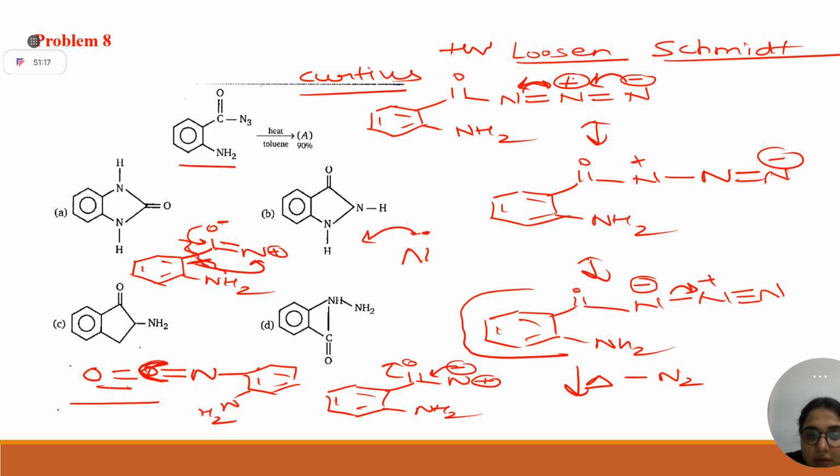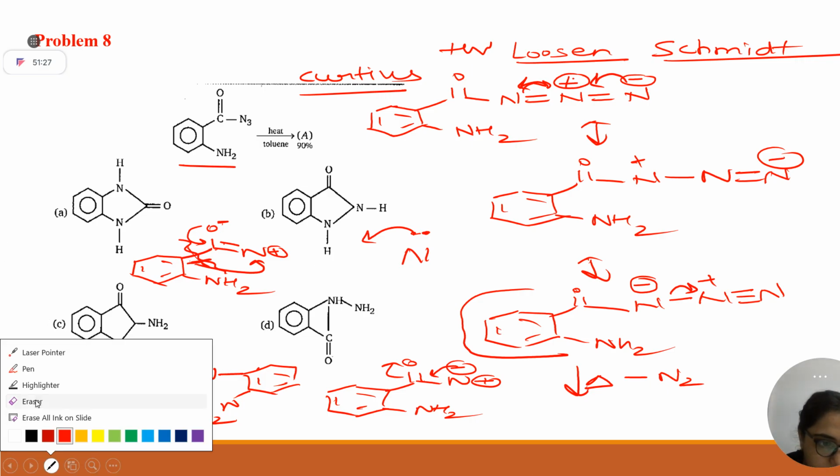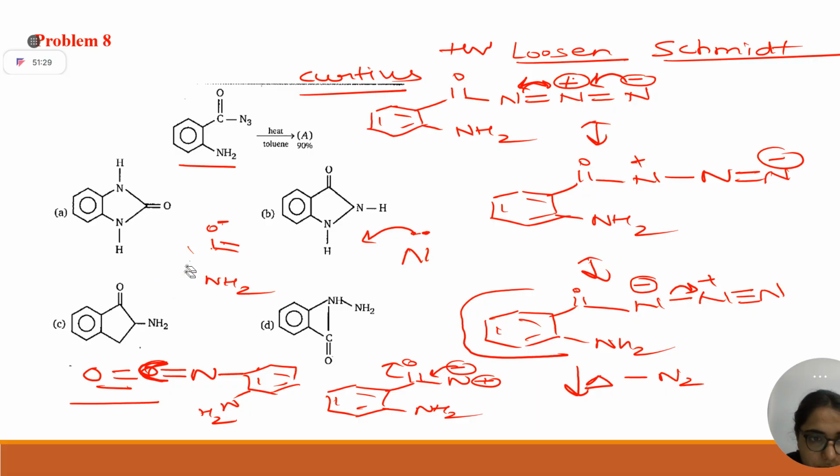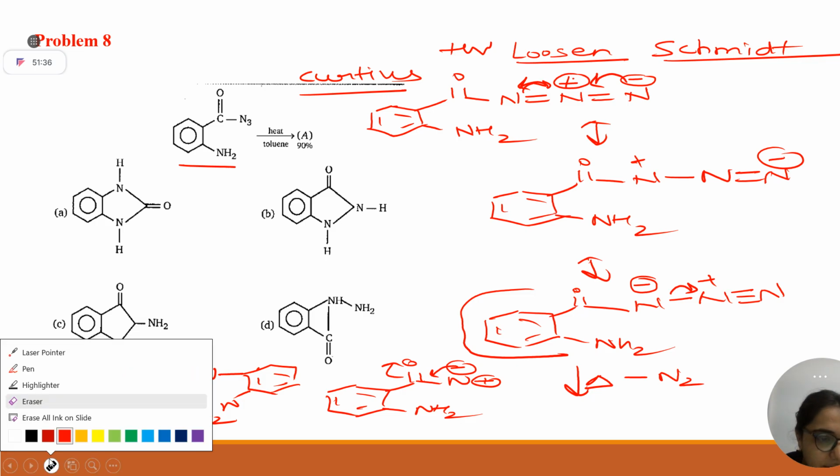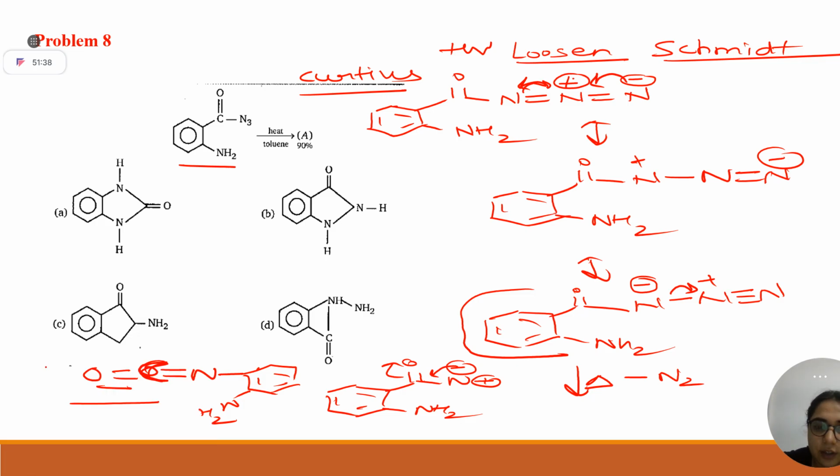Ma'am, actually I have one doubt. Can you please explain that intermediate which you mentioned, like N plus, how was it formed? Actually, if in real I have to write this mechanism, you will be getting confused here. Wait.